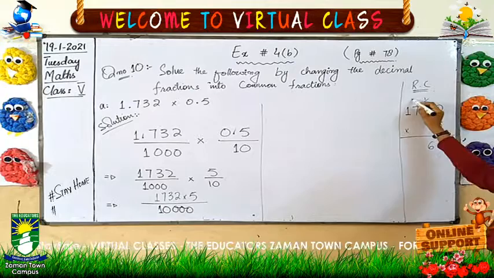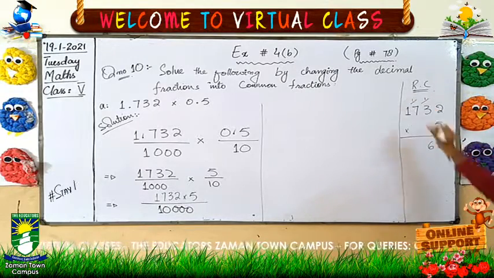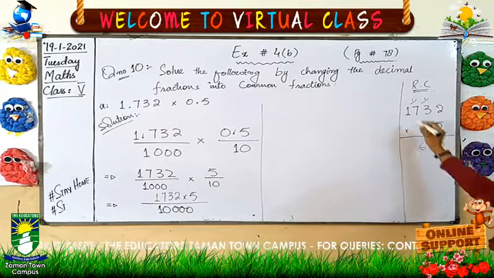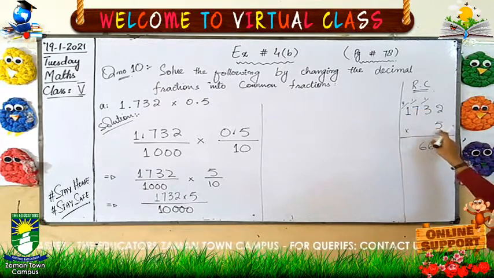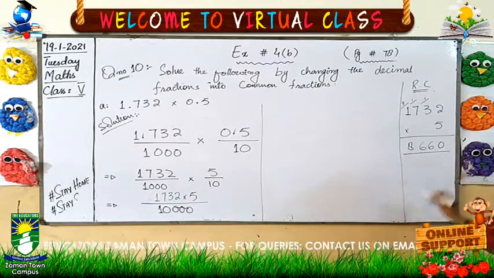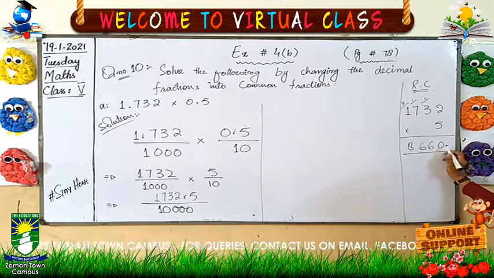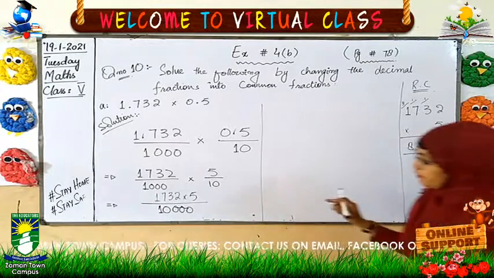We write 6 here and 1 is carried. 5 sevens are 35 plus 1 is 36. 6 is written here and 3 is carried. 5 ones are 5 plus 3 is 8. We get 8660.